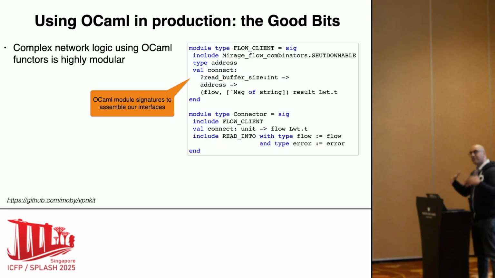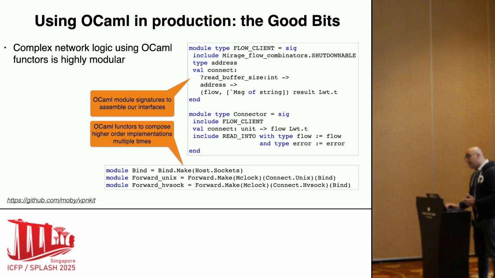Then we have maybe over 100 module types that represent small pieces of network stacks, and you can assemble them together. And then we can use OCaml's functors, which are parameterized modules, in order to choose which levels of implementations we want to assemble to match those structural signatures.